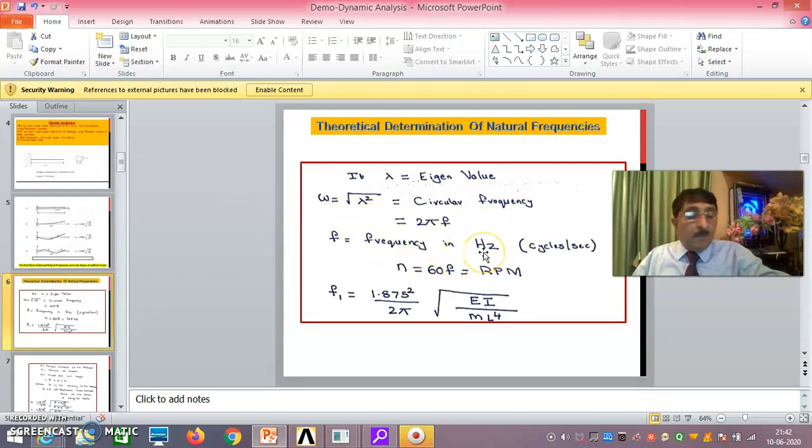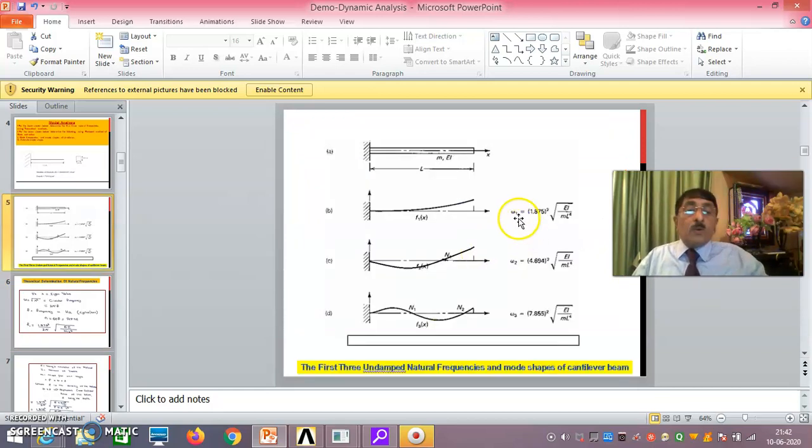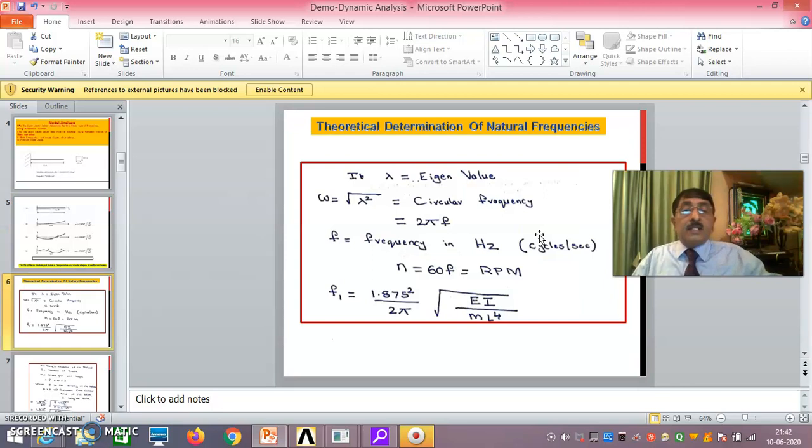That is why, in place of omega, if I divide by 2 pi, you get it in hertz. That is omega by 2 pi.